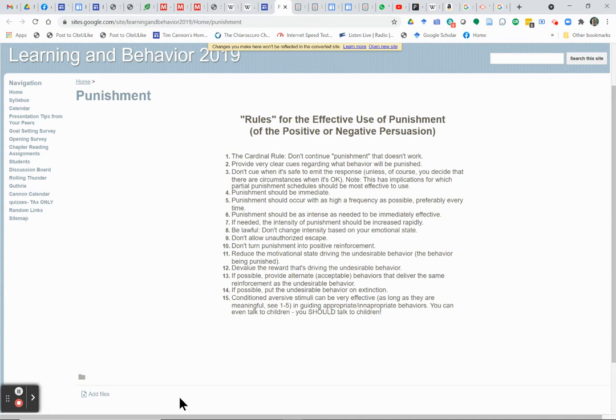Now, we know there are partial reinforcement schedules, and they affect the pattern of behavior. And we ask you to learn those: FI, FR, VI, VR. I encourage you to think about what would happen if punishment were administered on those schedules. How would that impact behavior?